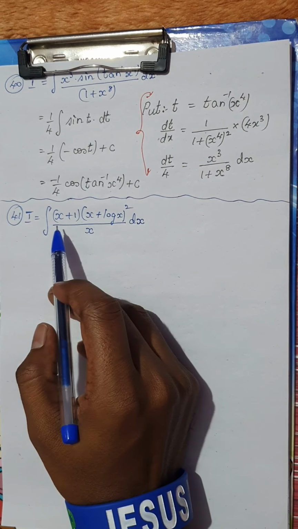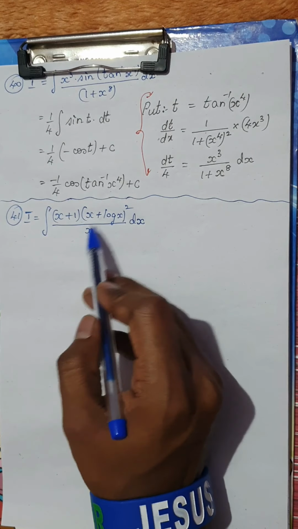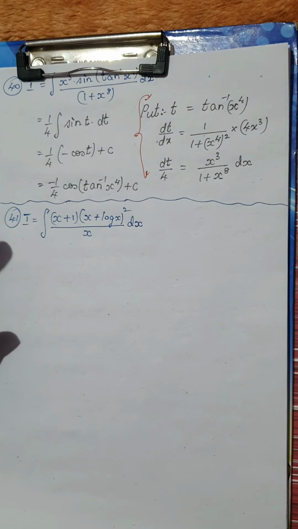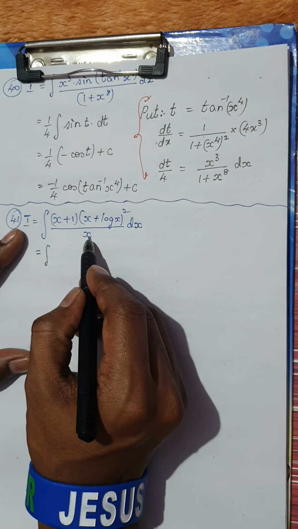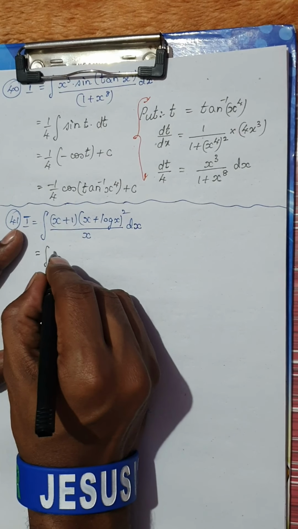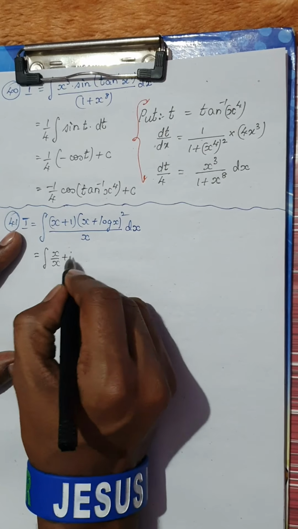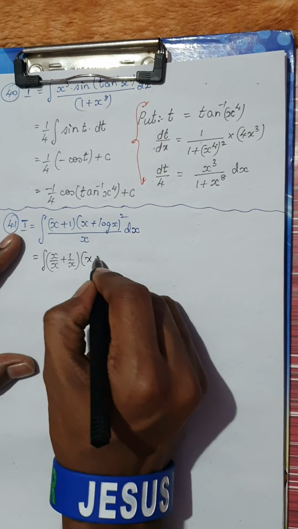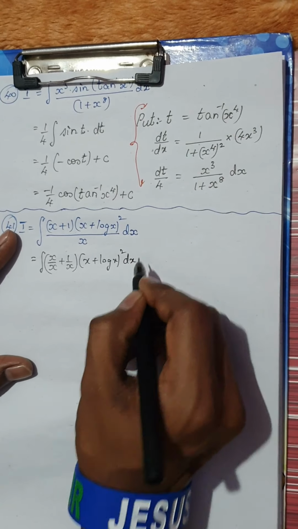The next integral I have is x plus 1 into x plus log x whole square divided by x dx. Now I am going to make some arrangements here, students. I am just going to divide this x into this term. So I will get x divided by x plus 1 divided by x, into x plus log x whole square dx.